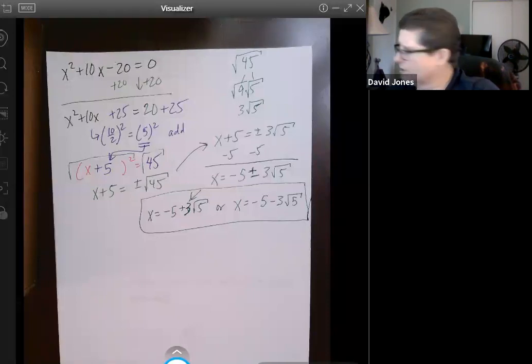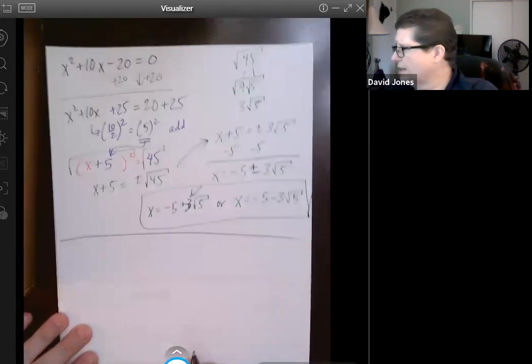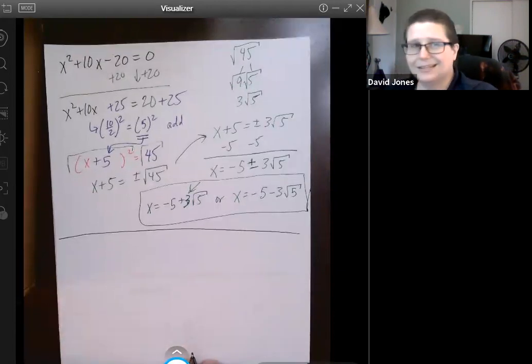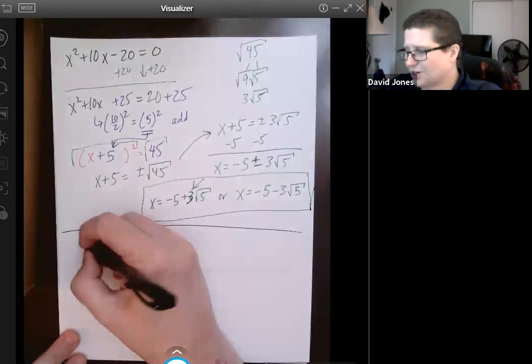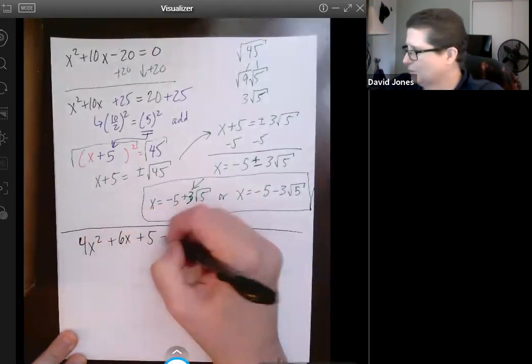Next one's even worse. I'll get you started on it, and then I want you to try to do it. Challenging. We're going to start off with 4x squared plus 6x plus 5 equals 0.